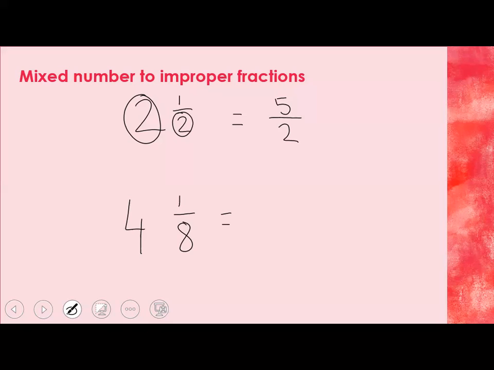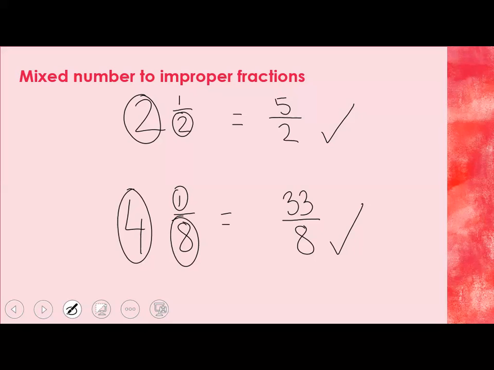Let's do that same process again for the bottom one. My denominator is going to stay the same. I do the whole number multiplied by the denominator, which is 32. And then I add on the 1, which is 33. Well done if you got the answers, 5 halves and 33 eighths.